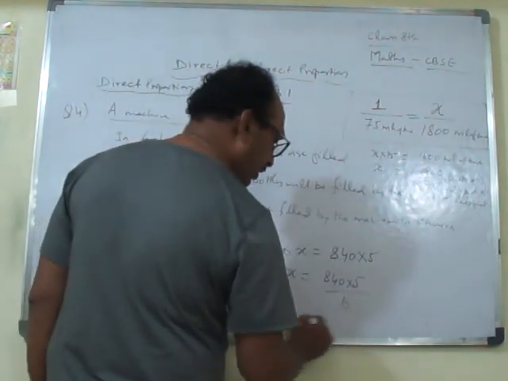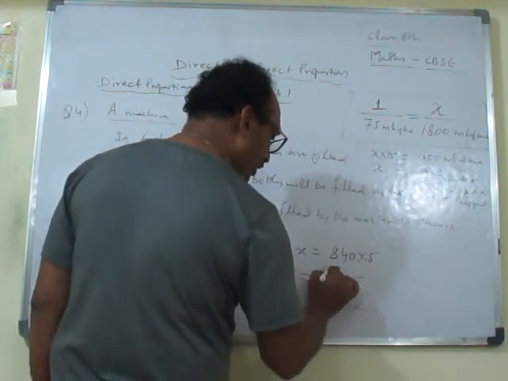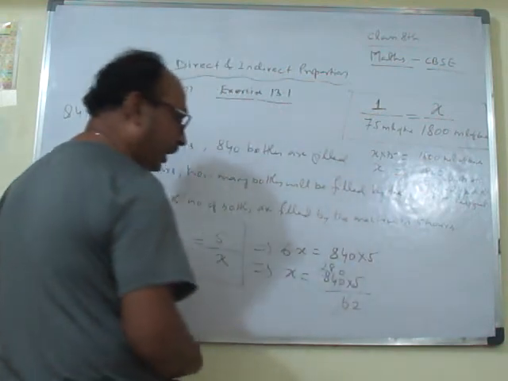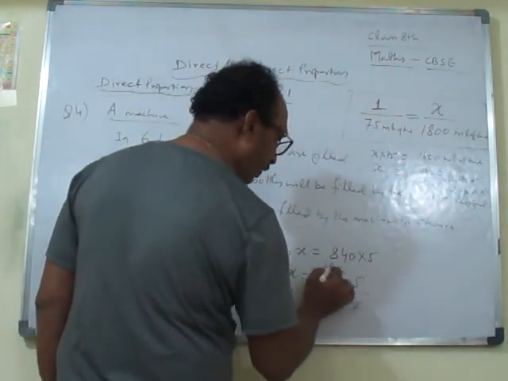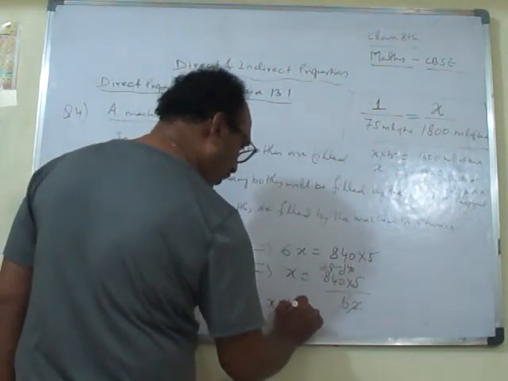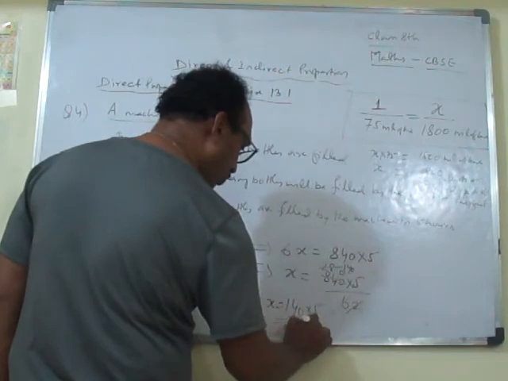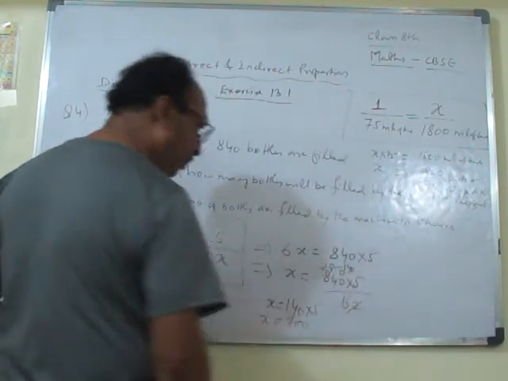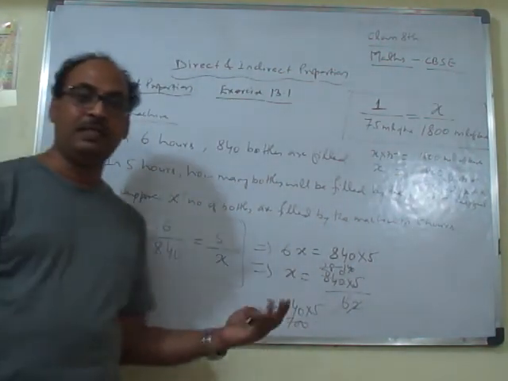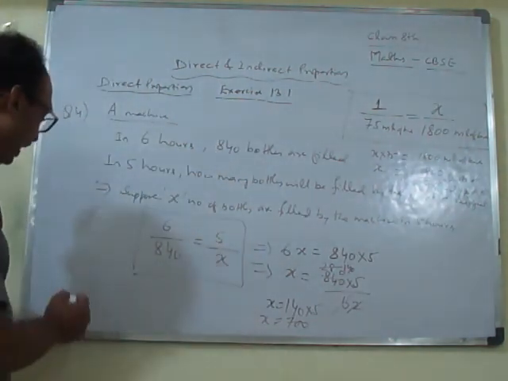Six 2s are 12, so 840 by 6 is 140. So x becomes 140 into 5, which is 700. So it means in 5 hours 700 bottles can be filled. Okay, so this will be the answer.